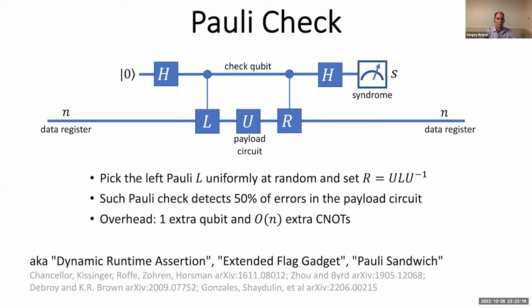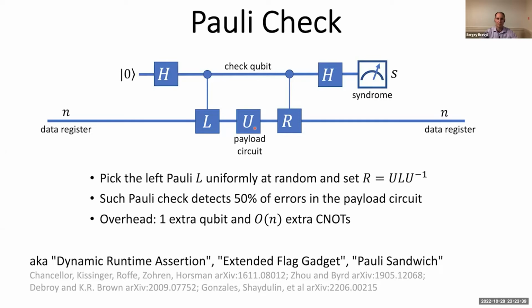And I'm going to pick the left Pauli check uniformly at random from the n-qubit Pauli group. Then no matter what error happens in the payload circuit, the probability that the error anti-commutes with the left check is exactly 1/2.